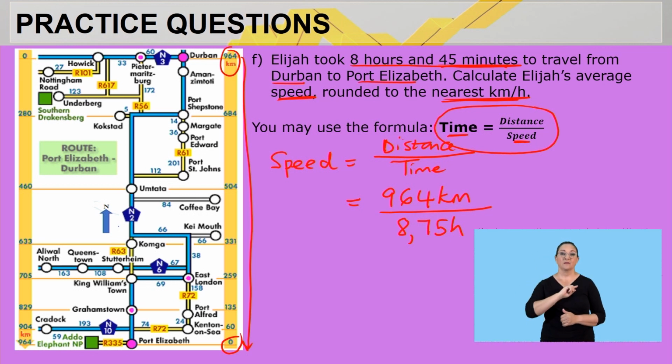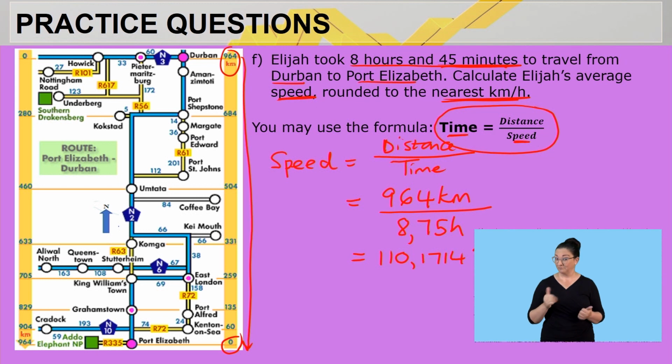So therefore I'll say 964. So I already substituted, now I'm simplifying. 964 divided by 8.75. That gives me an answer of 110.1714286. And remember, we are calculating speed, so I say that's kilometers per hour.